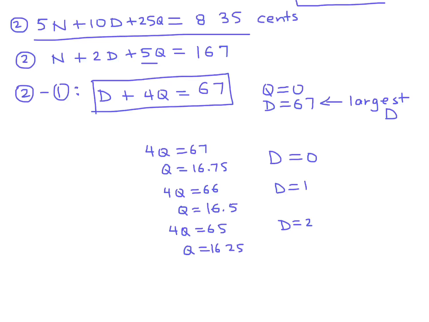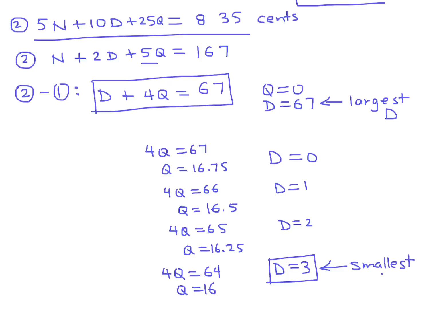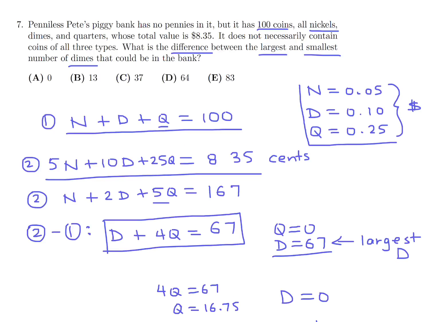Again, that won't work. How about D equals 3? Well, then 4Q would equal 64, and Q would be 16. So you get integer values, so that's good. So the smallest D is 3. And now they want the difference between the smallest and the largest. The largest is 67, the smallest value for D was 3, and the difference therefore is 64. So the answer here is D.